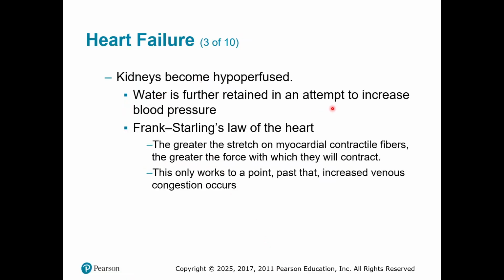Kidneys here become hypoperfused, and water is further retained in an attempt to increase blood pressure. Remember Frank-Starling's law: the greater the stretch of the myocardium, the greater the force the heart will contract. This only works to a point. Past that, increased venous congestion occurs.